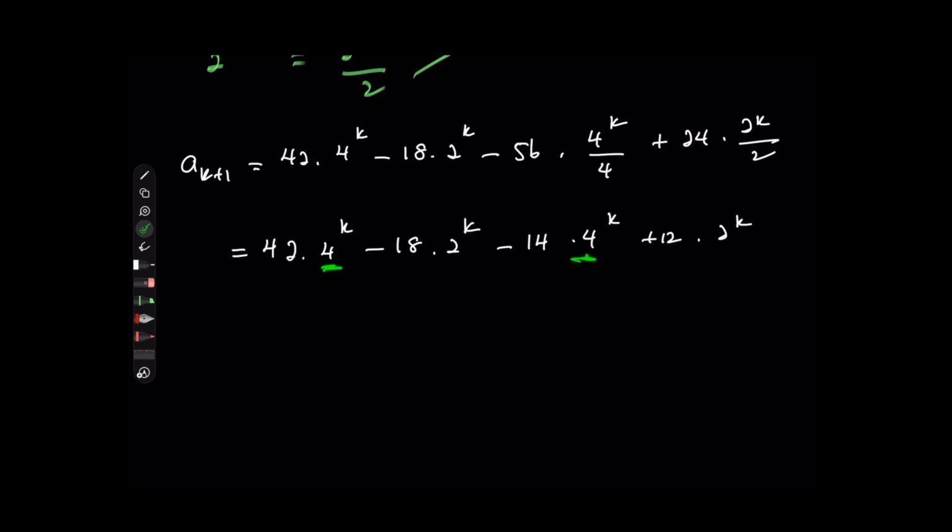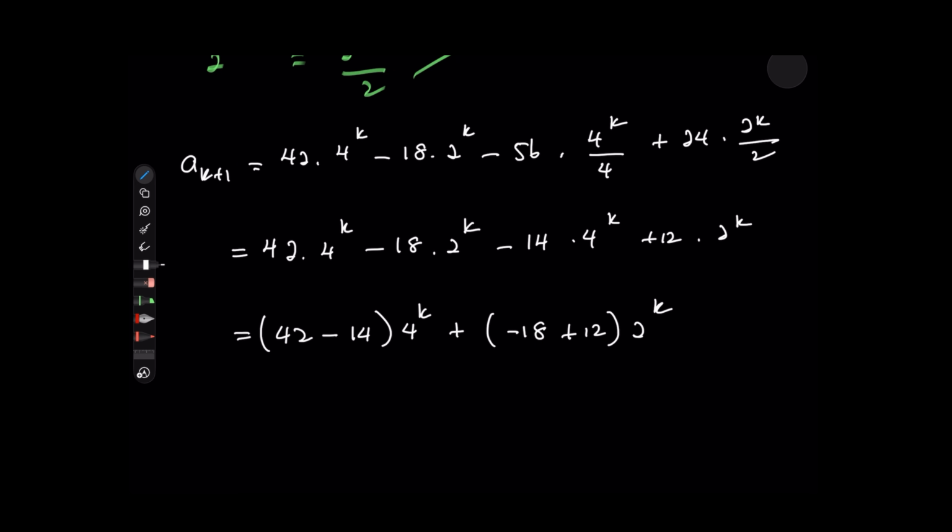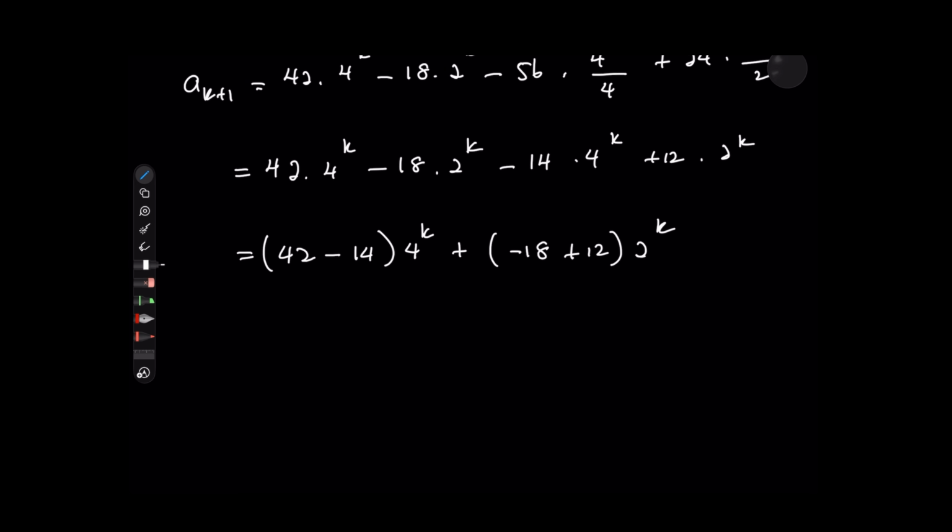I'm going to factorize them out. Okay, so I'll have 42 minus 14, that's 4 to the power of k, plus negative 18 plus 12 by 2 to the power of k. So let's simplify some more. So I'll have 28 by 4 to the power of k minus 6 by 2 to the power of k.